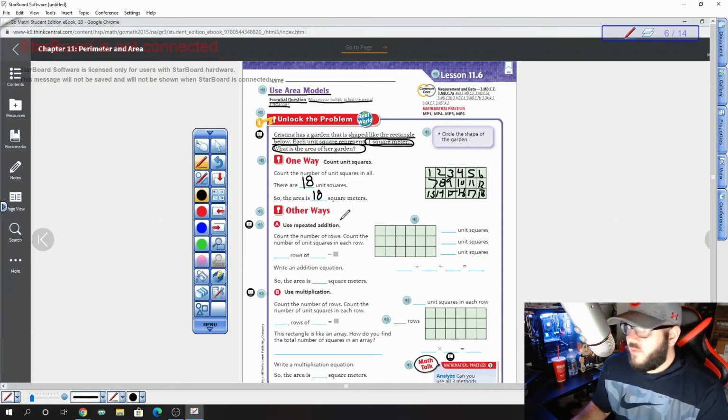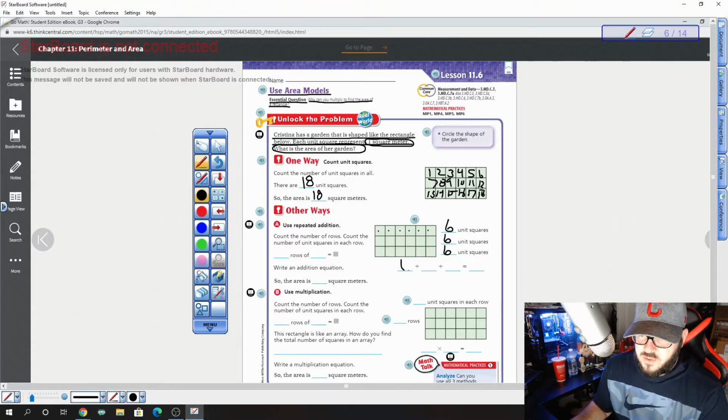Other ways that we can find the area of this rectangle is to instead use repeated addition. So what we're going to do is to count the number of rows and count the number of unit squares in each row. So this one had 1, 2, 3, 4, 5, 6. First row is 6 squares. Obviously that means our second row is also going to be 6, and our last row is also going to be 6.